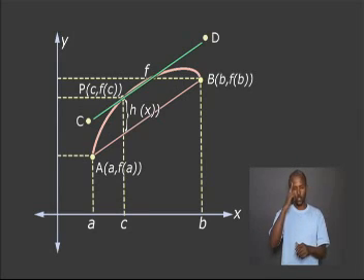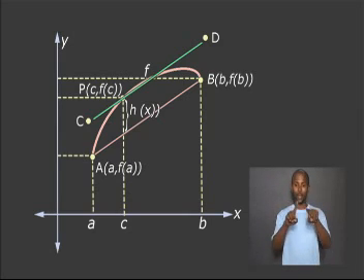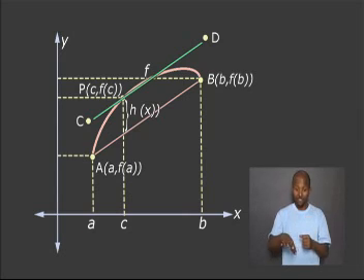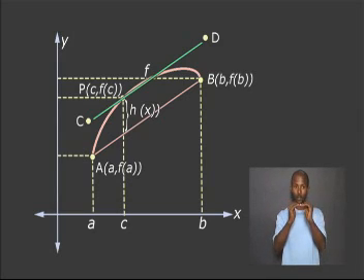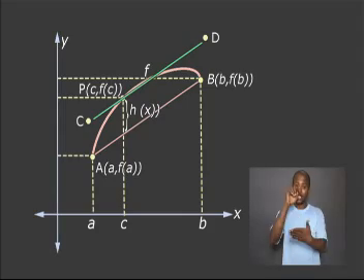Assuming that f is a differentiable function, we can find the slope of the tangent line CD. The slope is equal to the derivative of the function f at the point of tangency.